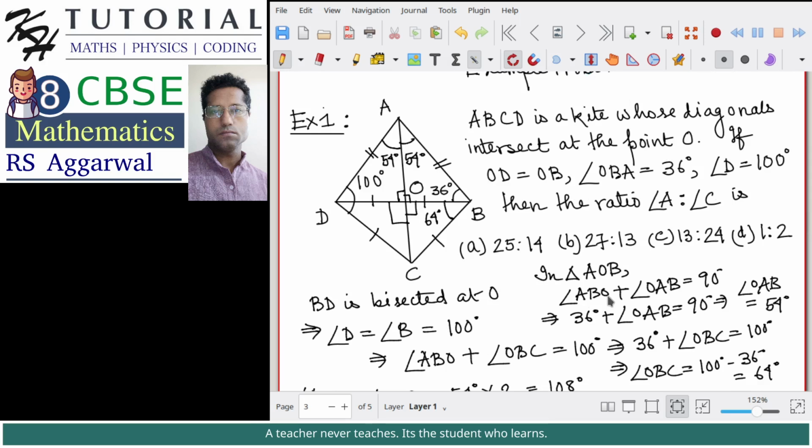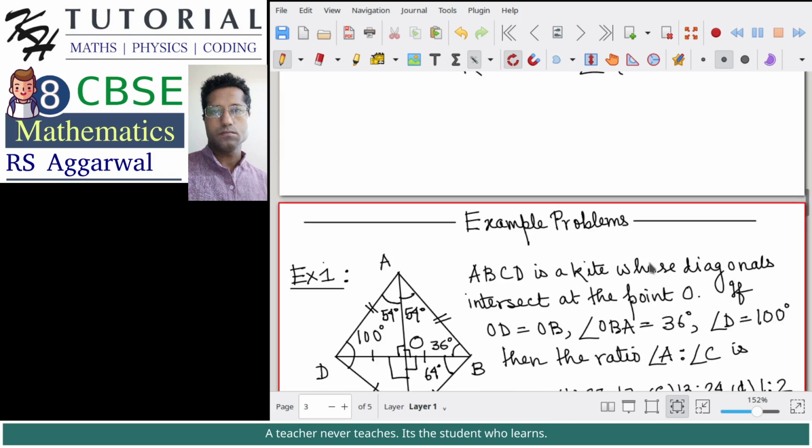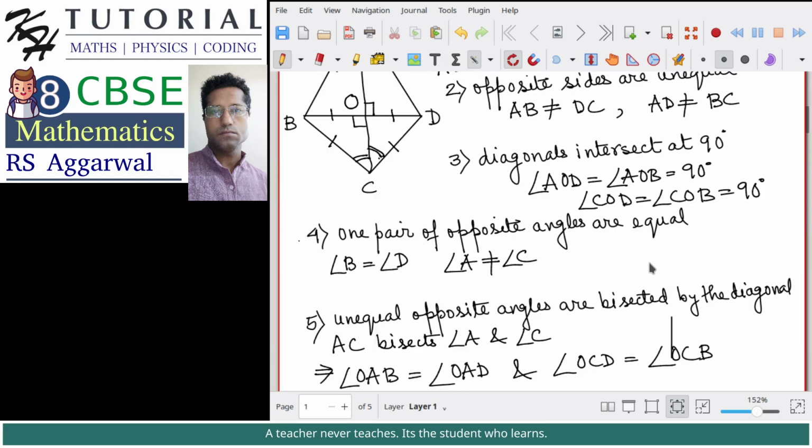OD is equal to OB, angle OBA is 36 degrees and angle D is 100 degrees. The diagonal which is bisected connects the opposite pair of equal angles, which are B and D, and they must be equal from the properties of the kite. Let me quickly check that.